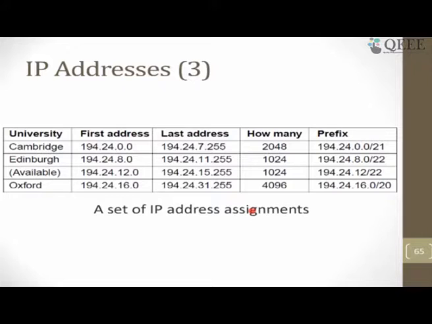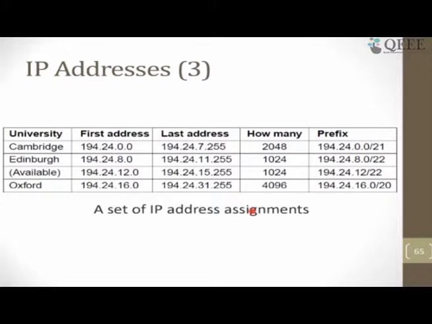Of course, I can do that. Like I can have 194.24.12.0/22. As soon as I do this, 1024 addresses are gone. Then I can have 194.24.16.0/21. Then 2048 will be gone.